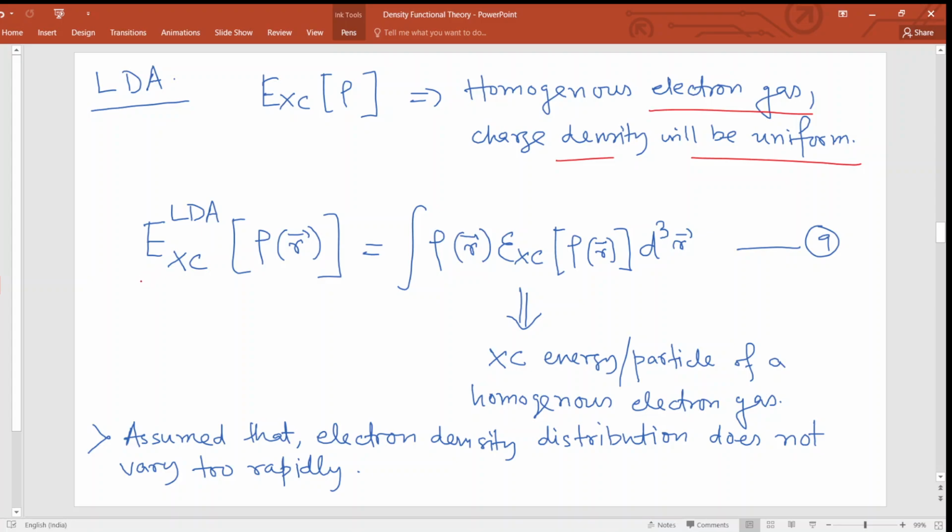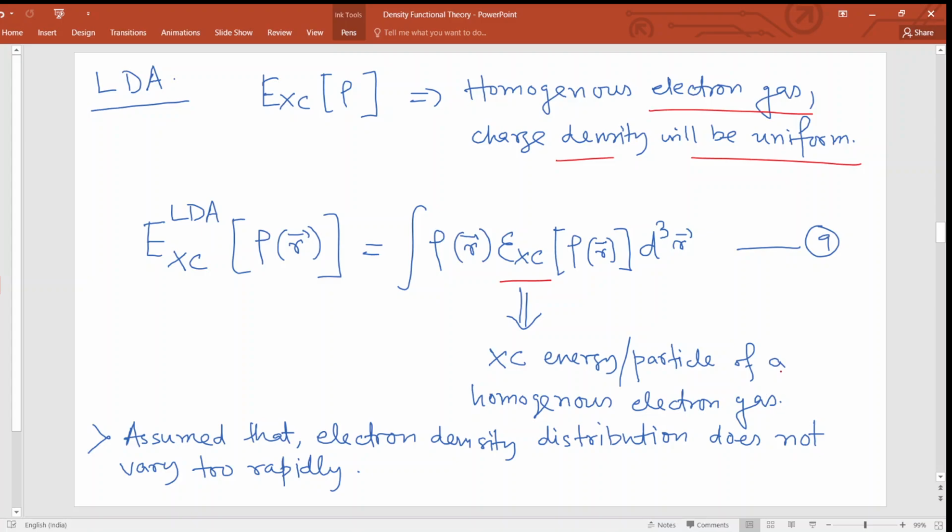Here this term E_XC, where XC is exchange correlation and LDA is local density approximation, which is a function of rho, can be defined as the integral of rho(r) times epsilon_xc d^3r. So this is the volume over which you are integrating. This epsilon_xc is the exchange correlation energy per particle of a homogeneous electron gas.